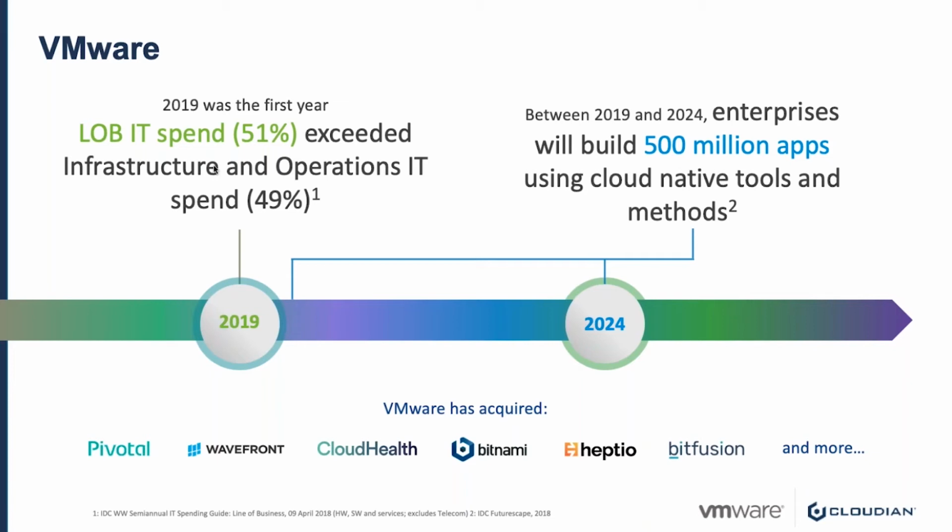VMware as a company has been looking at it extremely seriously, and as you can see, all of those acquisitions that we have done are for our customers to make sure that they can develop these applications much more easily. So both organically and inorganically, VMware has been investing in this space.